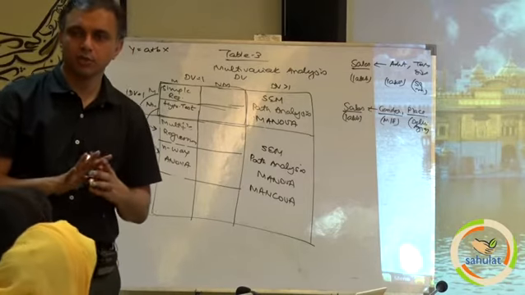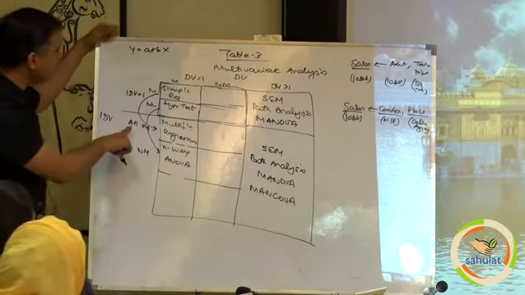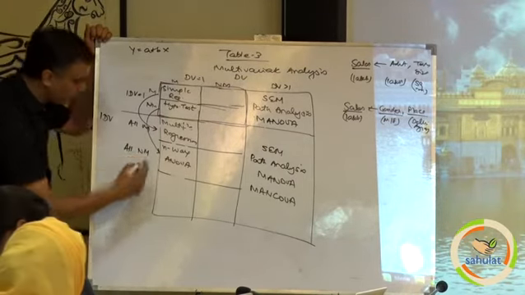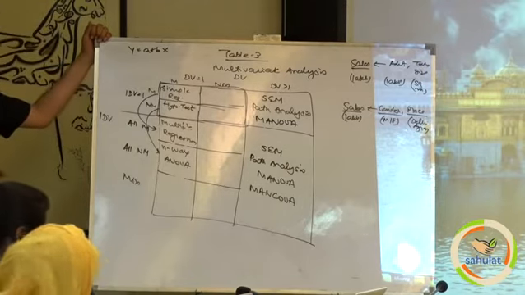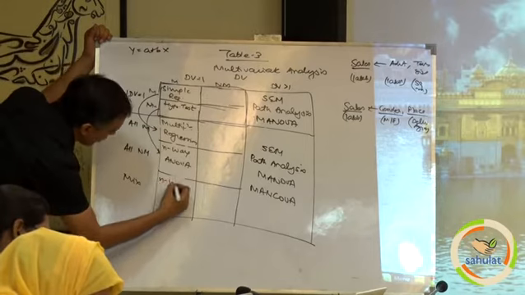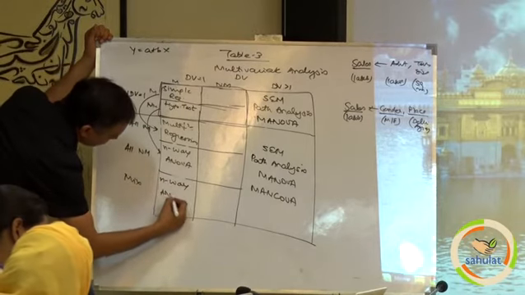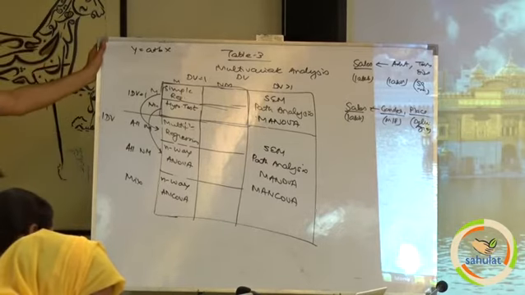Any other case possible? Only 3 cases possible. So that's what I have written. If all metric, all non-metric, and third is if mixed, some of them are metric and others are non-metric, in that case, we will use n-way ANCOVA.